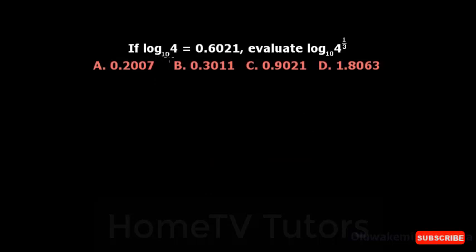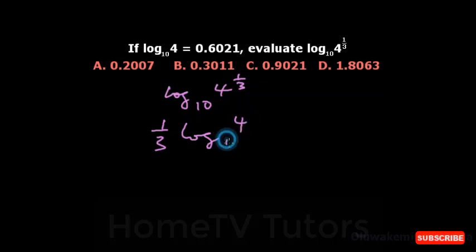If log 4 base 10 is equal to 0.6021, evaluate log 4 raised to power 1 over 3 base 10. Alright, log 4 raised to power 1 over 3 base 10 will now be 1 over 3 log 4 base 10, and log 4 base 10 is 0.6021.